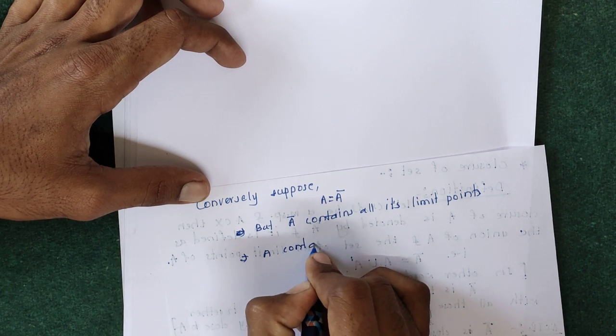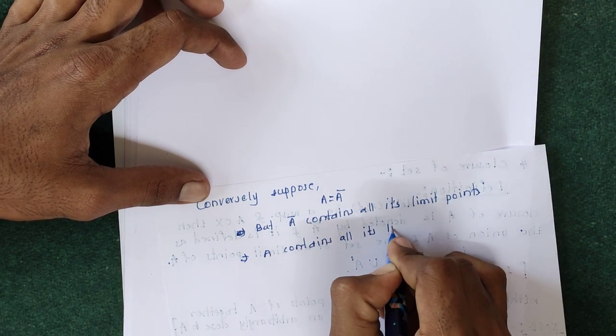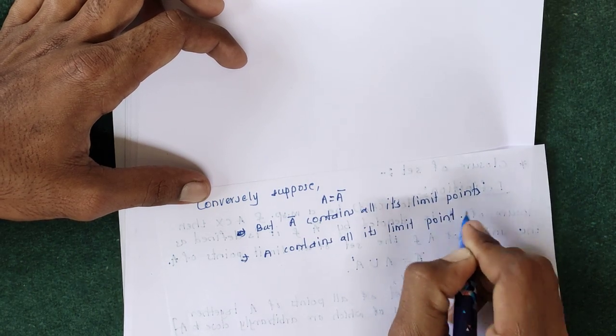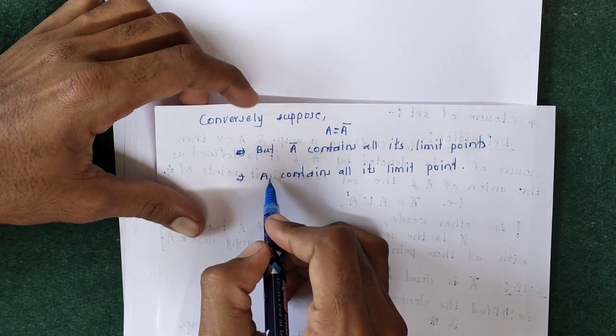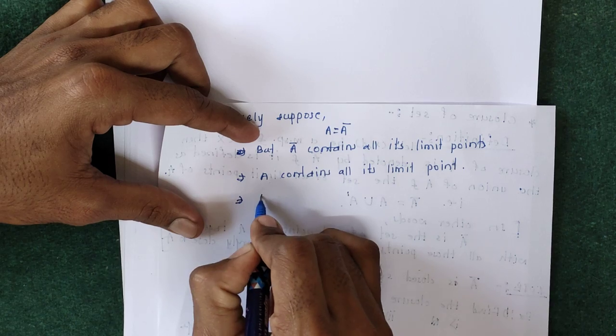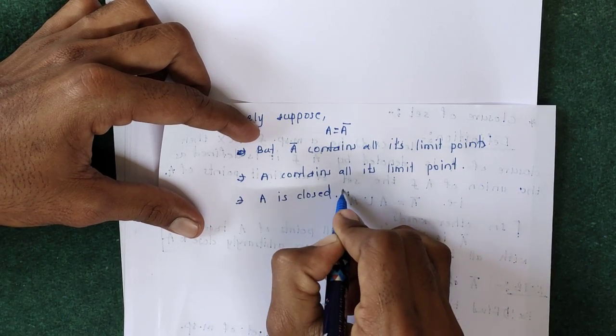A contains all its limit points, and we know that A is closed if and only if it contains all its limit points. So, A contains all its limit points means A is a closed set.